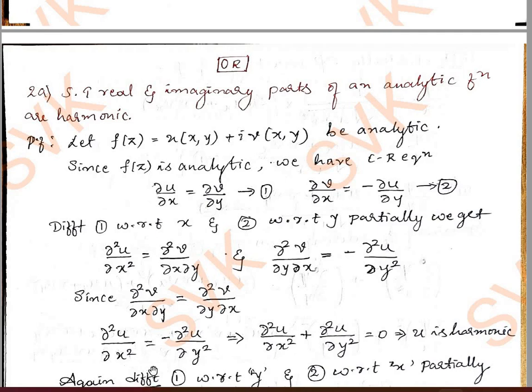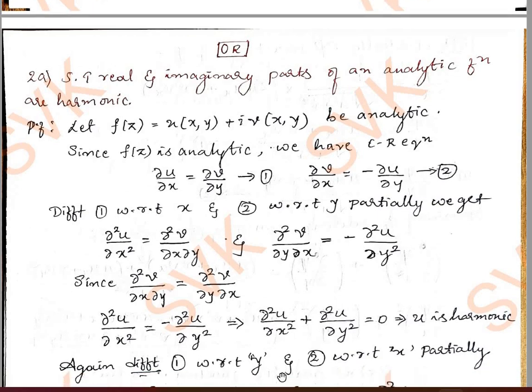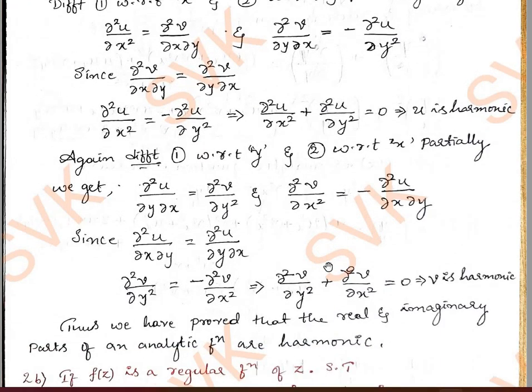Similarly, again differentiate equation 1 with respect to y and 2 with respect to x partially. We are going to get del square u by del y del x is equal to del square v by del y square and del square v by del x square is equal to minus del square u by del x del y.